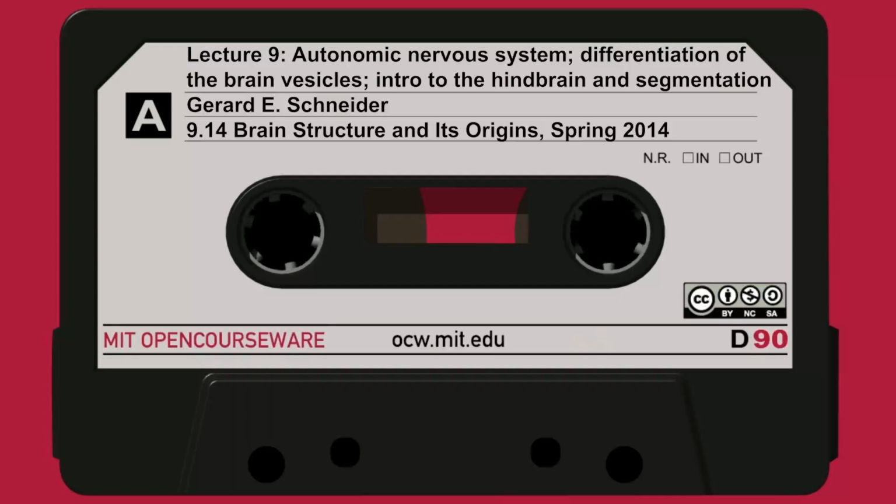I want to discuss just briefly the hierarchy of central control in the autonomic nervous system, and the best way to illustrate that is to talk about control of body temperature. We know body temperature is regulated by the autonomic nervous system, and you could say in general for the autonomic system there are different levels of control.